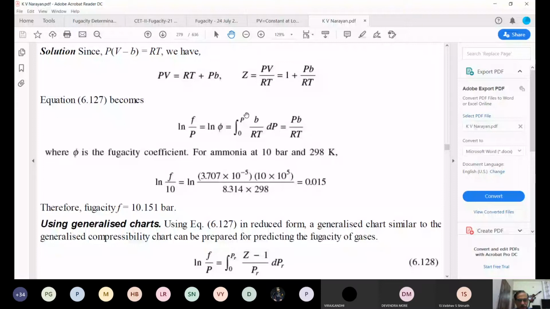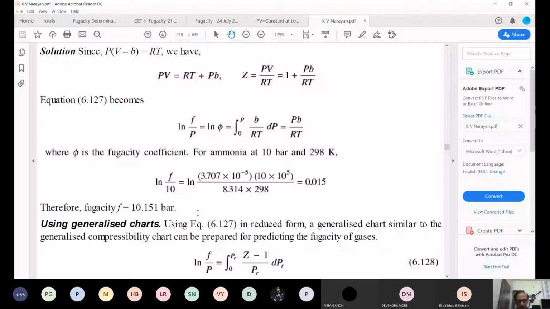So the fugacity coefficient is this ln f by P. For ammonia at 10 bar and 298 Kelvin, we substitute the value of B, 3.707 into 10 to the power minus 5, pressure 10 bar, that is 10 into 10 to the power 5 pascal, divided by R, 8.314, and temperature 298. What we get is 0.015, and if you take the inverse ln, or exponential, of this term, you get f equal to 10.151 bar.